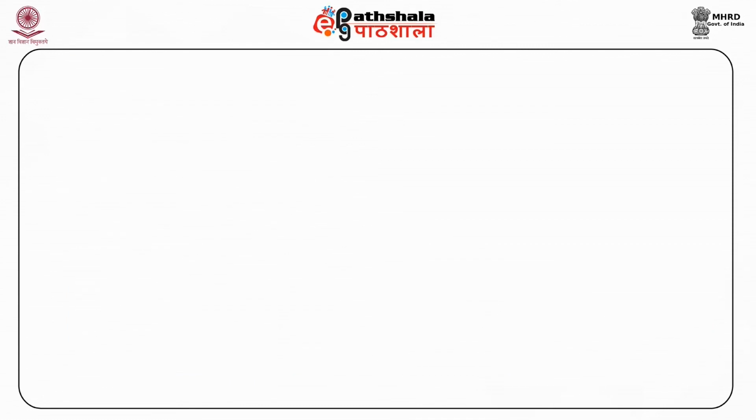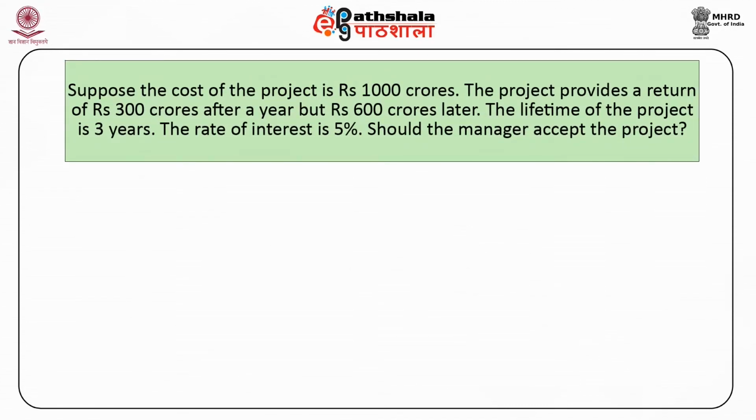Let us understand this with the help of an example. Suppose the cost of the project is rupees 1000 crores. The project provides a return of rupees 300 crores after a year, but rupees 600 crores after that.